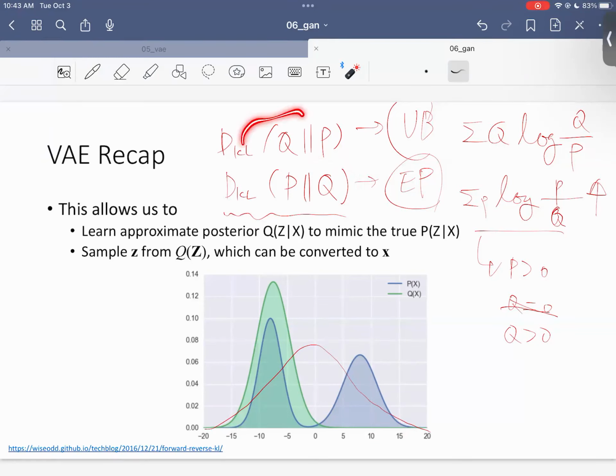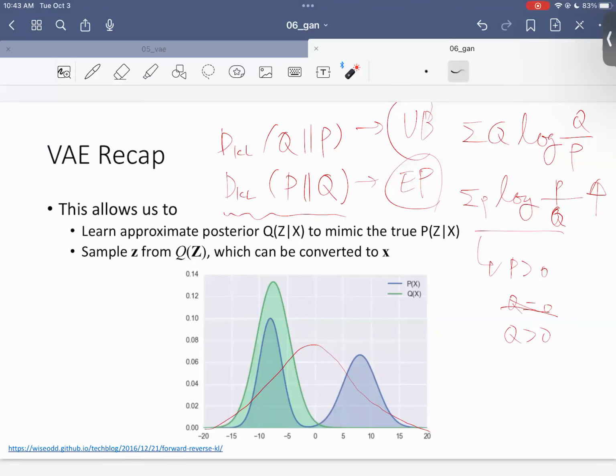But with the QP, it's the other way around. Whenever there's Q but no P, that will blow up the log term, so you don't want that to happen. In order for DKL QP to go down, Q must not be there whenever P is not there.